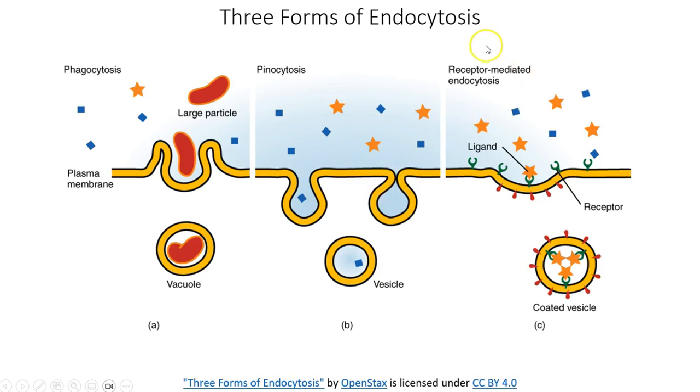Last but not least is receptor-mediated endocytosis. So we are using a receptor to help with this process. What is occurring here is the receptor is necessary to trigger the membrane to start creating this pocket. The substance that's trying to get into the cell is going to attach to those receptors, kind of like a lock and key situation.